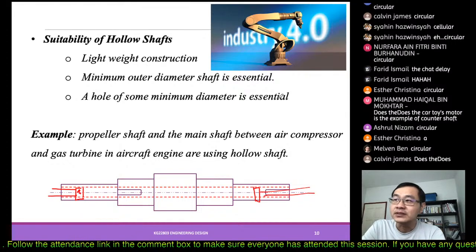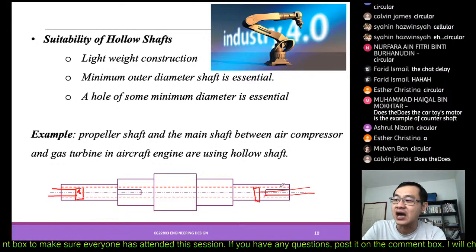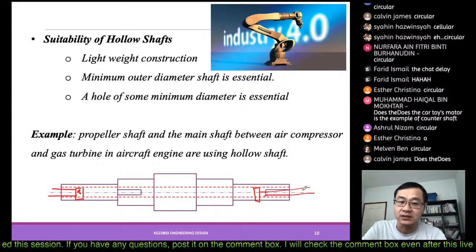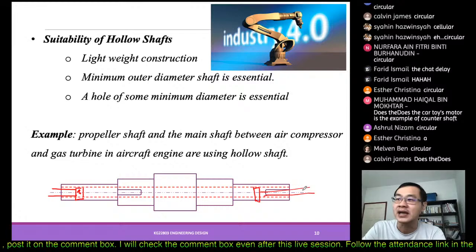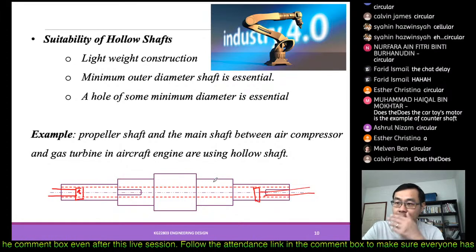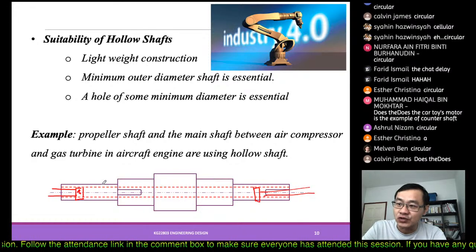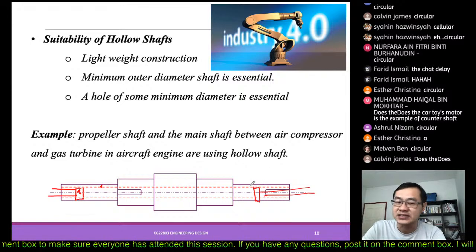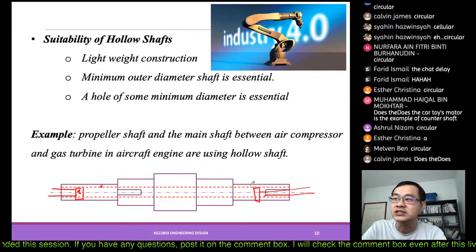The only problem if we use this kind of hollow shaft is how we construct it, and how we can maintain the shape of the shaft so that it will not go too thin on one side, so that it's still able to transmit the torque or functions as we want.